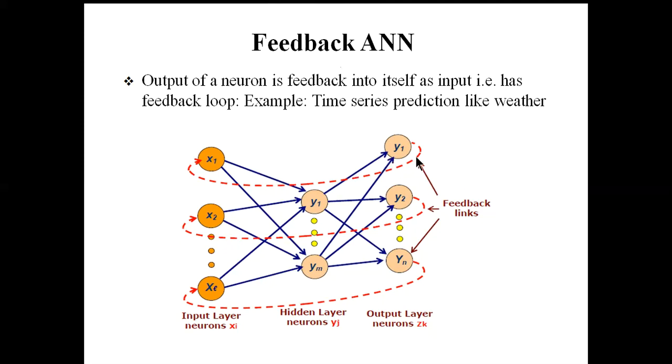For those kinds of data, we can use this kind of feedback artificial neural network, where the output of a neuron is fed back into itself as input. That means it has a feedback link between the output end and the input end. So it can be used for time series prediction like weather or the price of petrol and diesel.